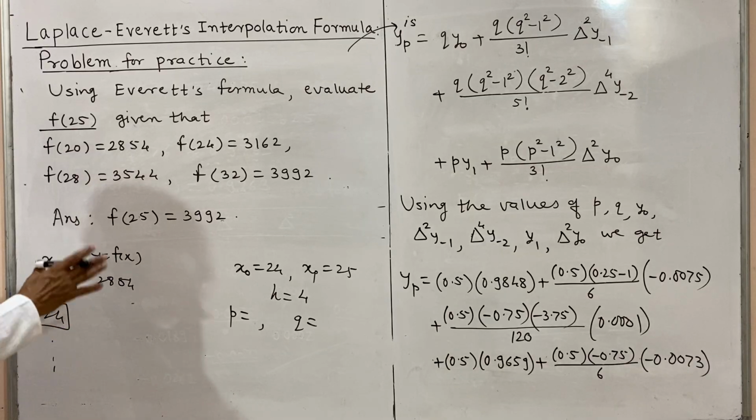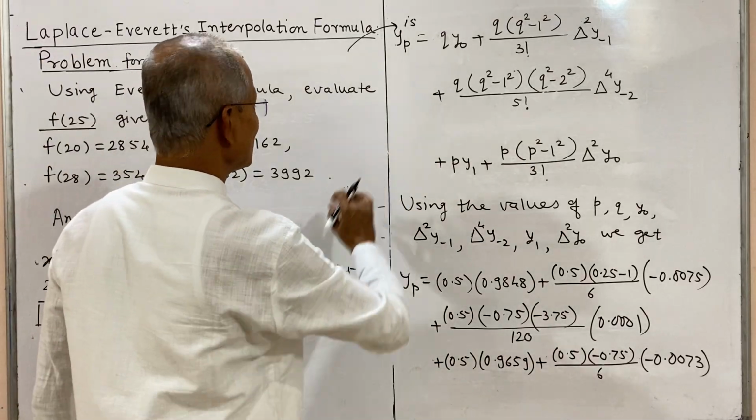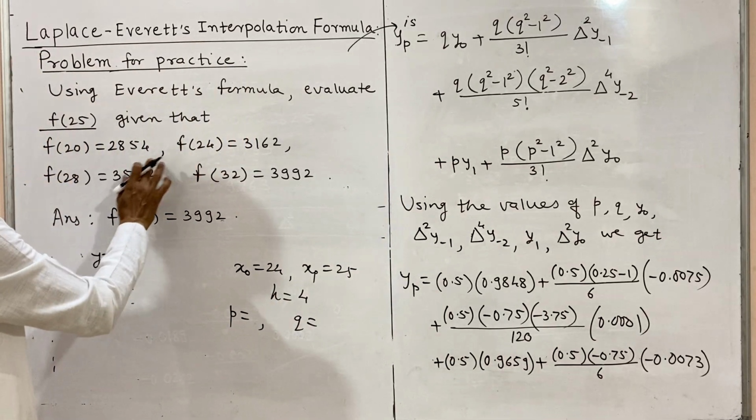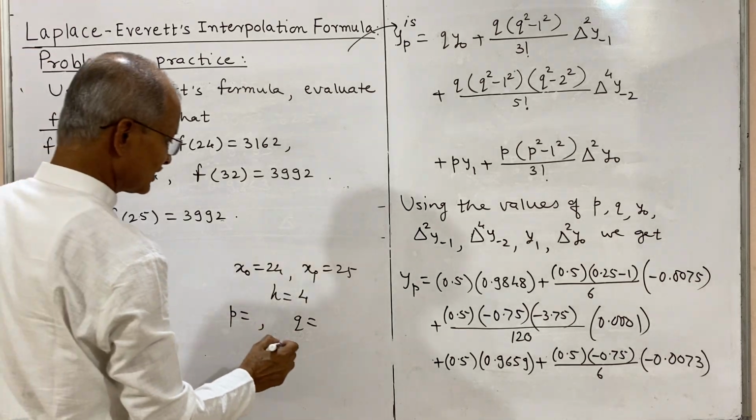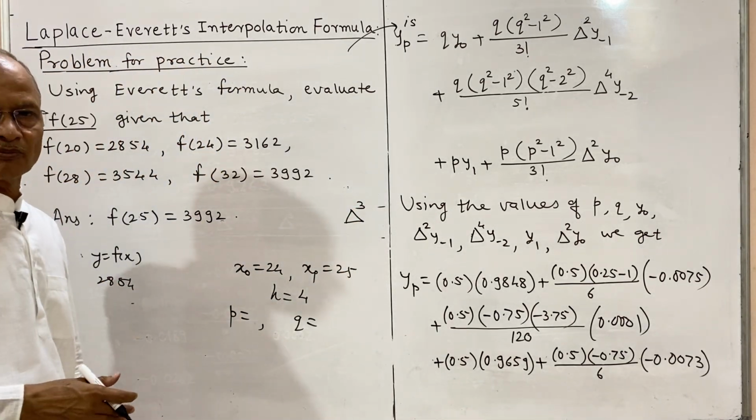Construct the difference table as we have done in our earlier problem, and then use the values in this formula. Because there are 4 entries given, the table will be up to delta cube, and the problem becomes simpler.